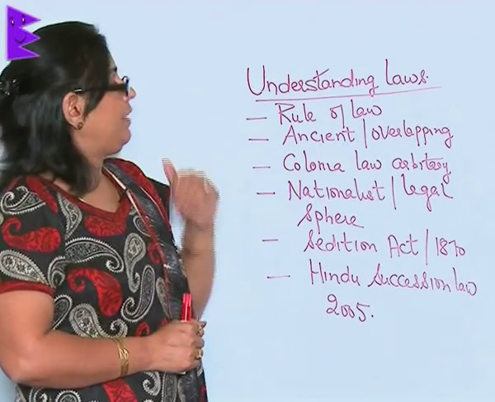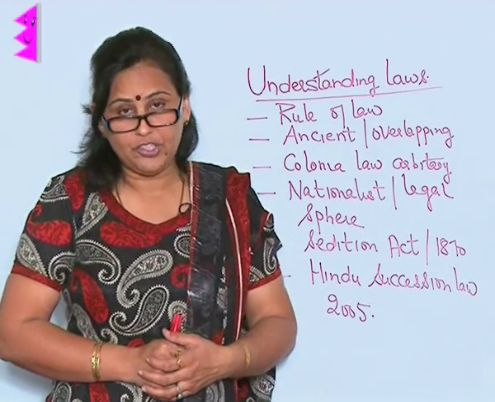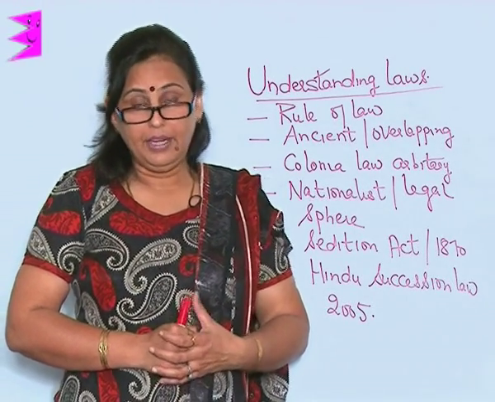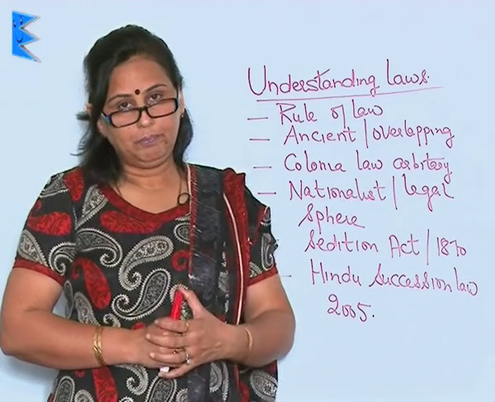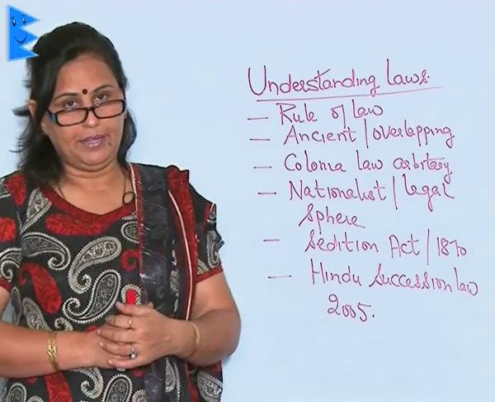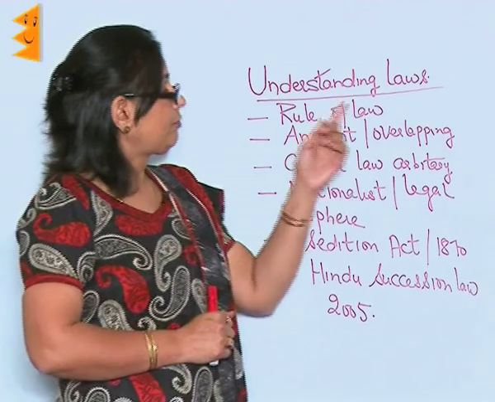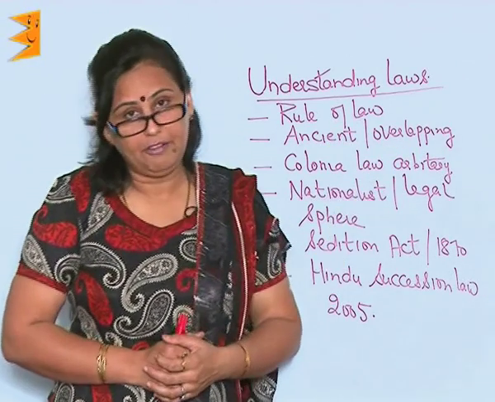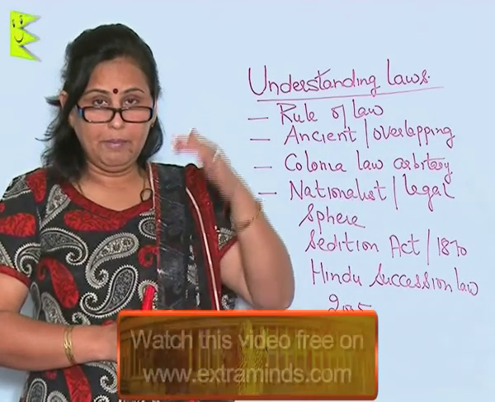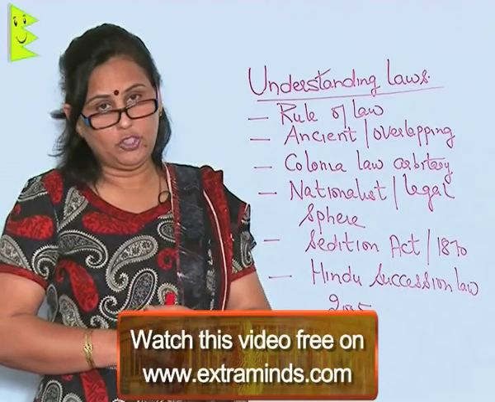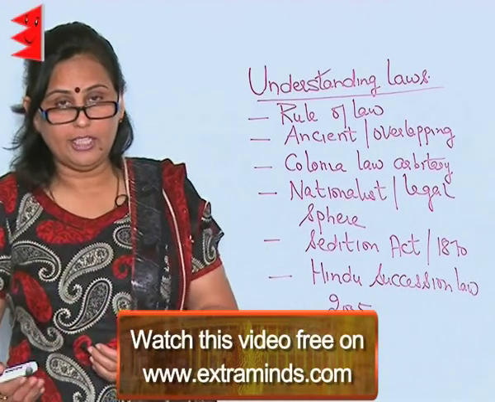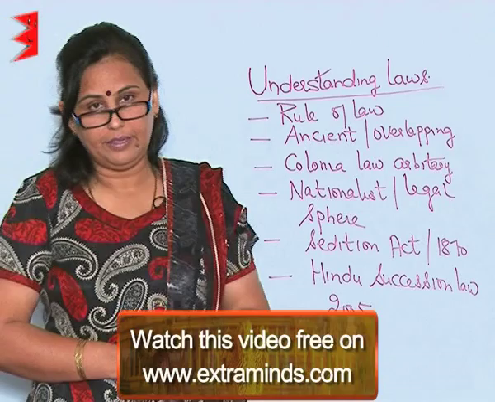Now, further moving, let me give you a history of the laws. In the ancient times in India, the laws were overlapping. That is, for a similar kind of punishment, the Brahmin would get lesser punishment and the lower caste would get a severe punishment.